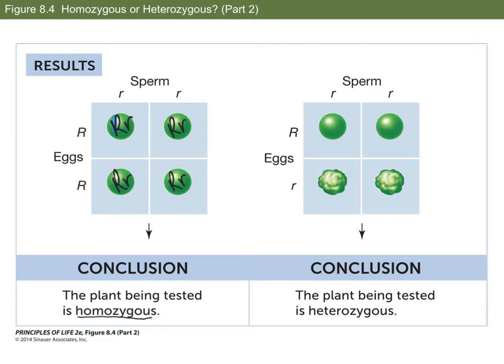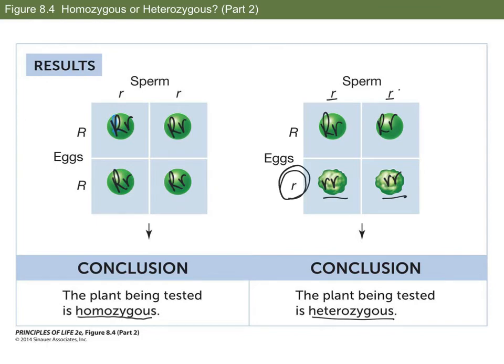However, on this one, only 50% of the seeds would come out round. So then you would know that the plant is heterozygous, because the only way these offspring would end up homozygous recessive is if they inherited a little r from the sperm and a little r from the egg.